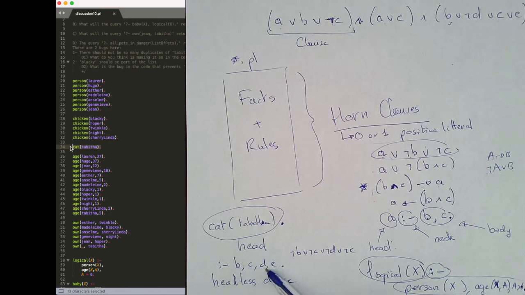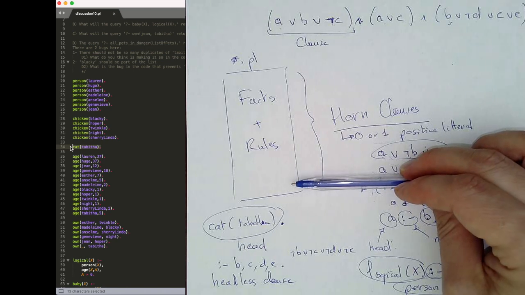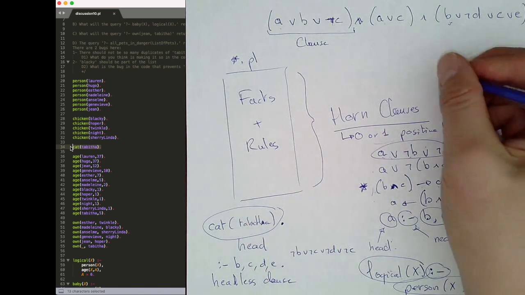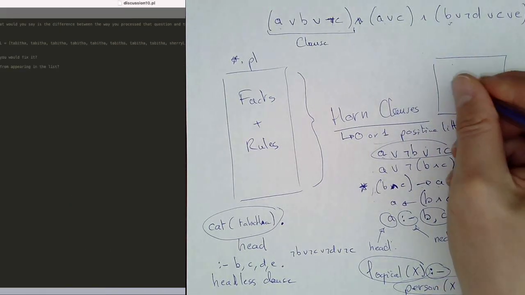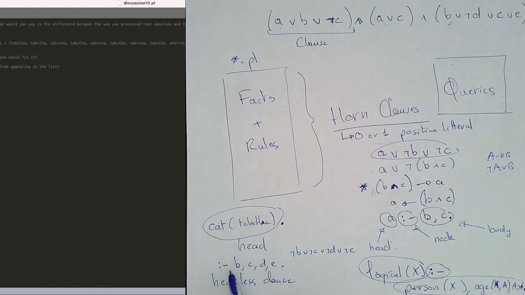What is important to understand is that in a Prolog program, what completes it is another piece that is important not to forget, that is the queries. And the queries are these headless clauses.